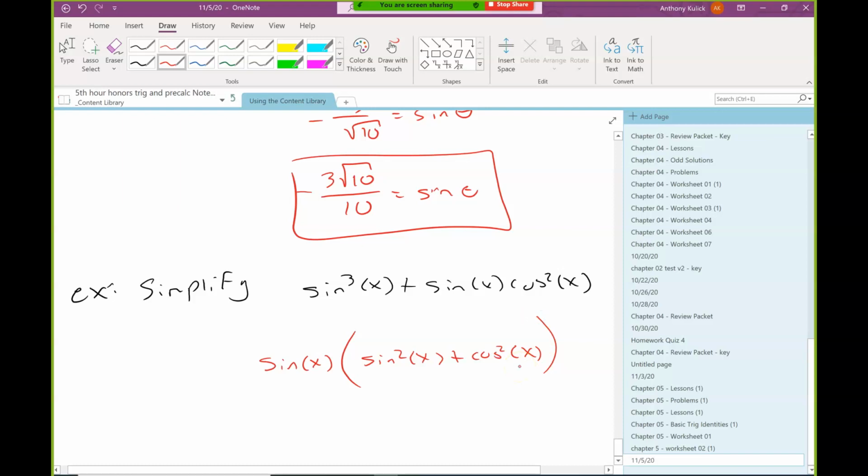Let's look for identity things. There's one in particular that should be standing out here as a good identity to use. Jason? Yeah, that's equal to 1.